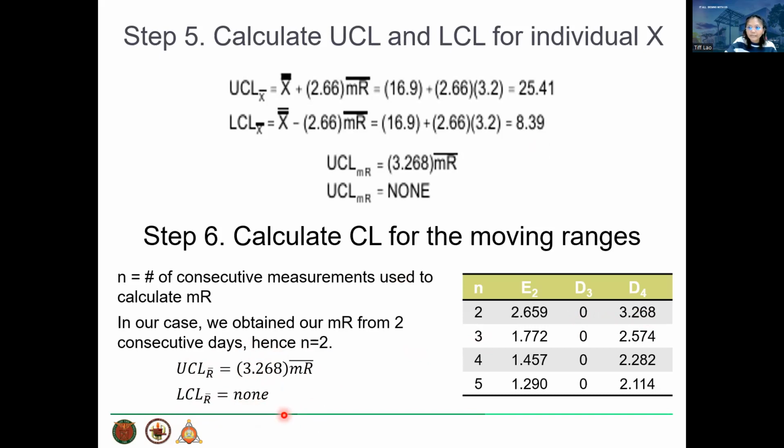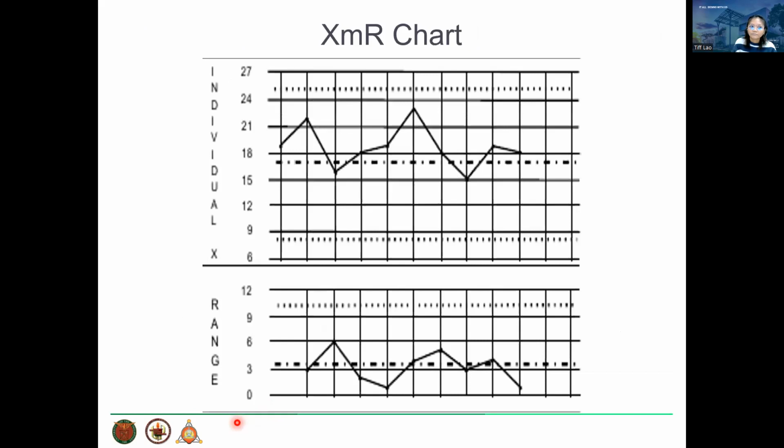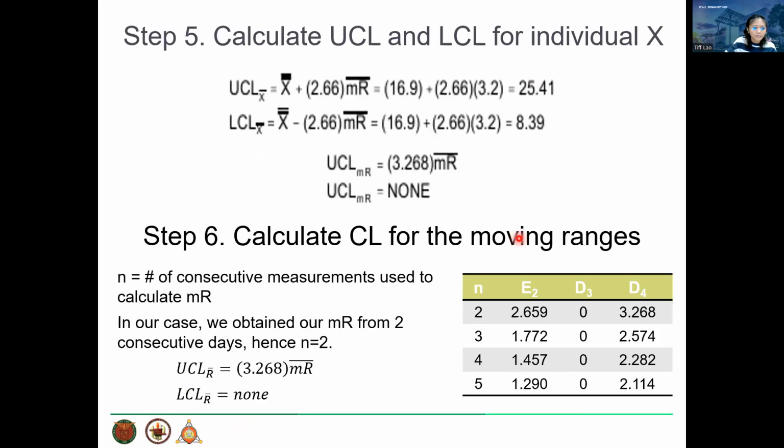So, plug in lang the values and then you'll have your limits. Ayan. So, this is just the control limit, the upper and lower control limits for the X bar part.